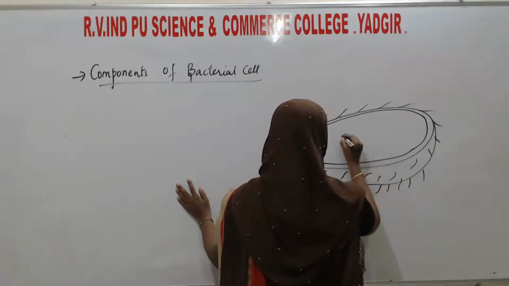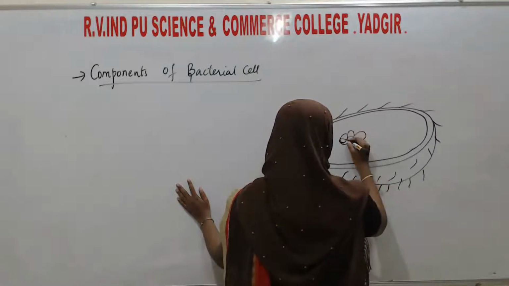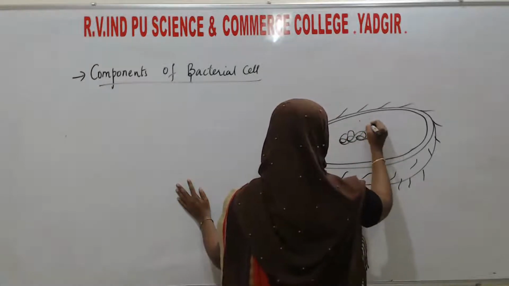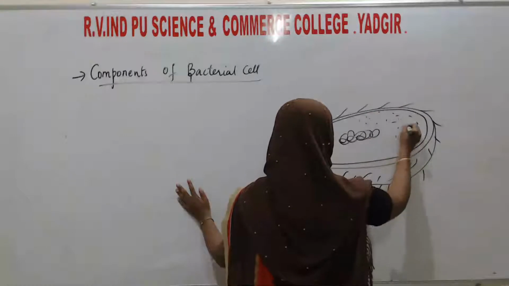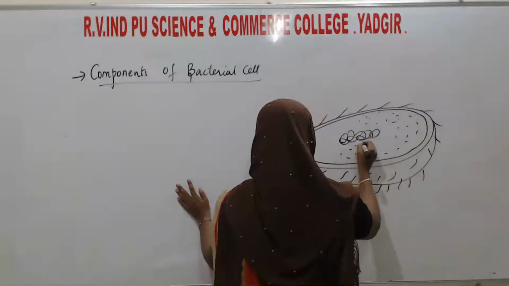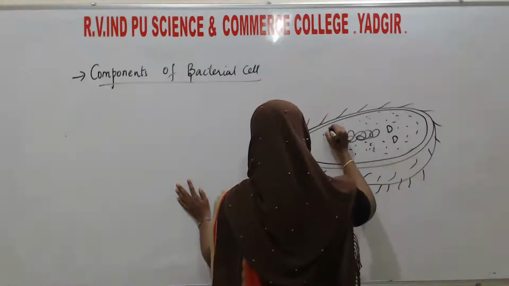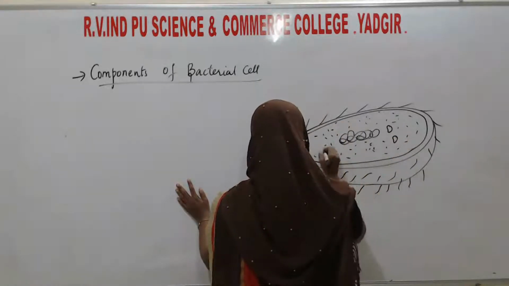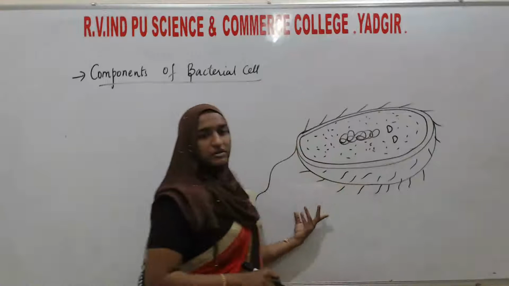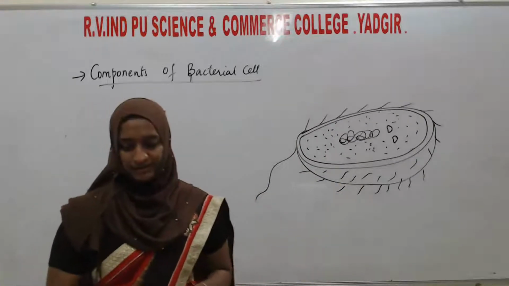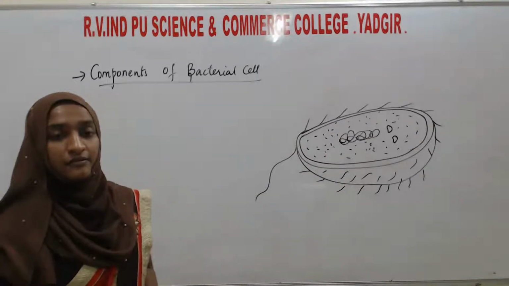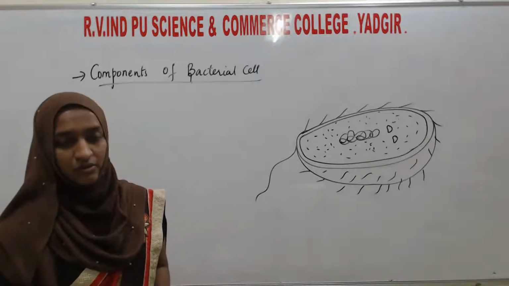So this is the bacterial cell. This is the DNA. Here this is the cytoplasm. In the cytoplasm there will be some circular DNA and some ribosomes. So this is about the structure of the bacterial cell.